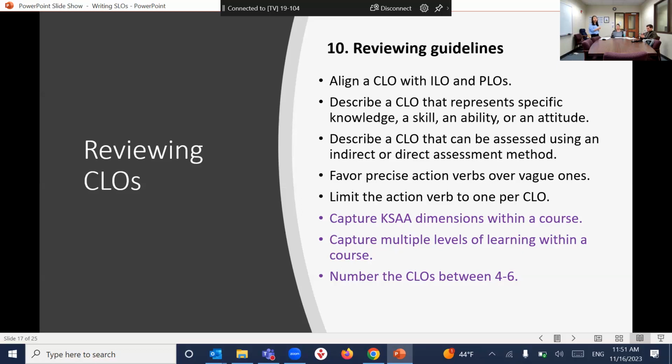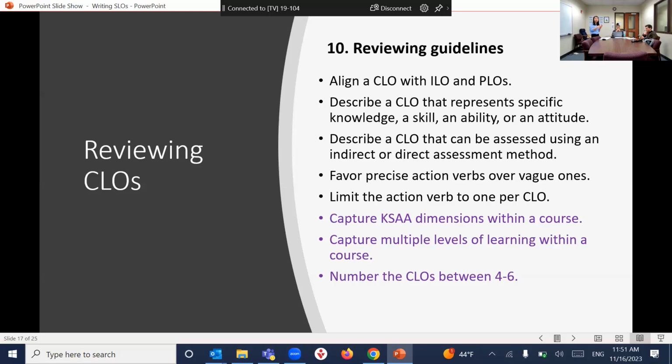And last is to number the course learning outcomes between 4 and 6. That means, if possible, we would like you to summarize your course learning outcomes in 4 to 6 statements.